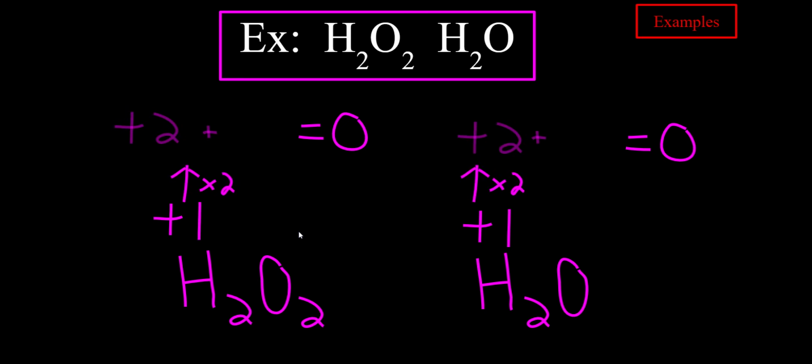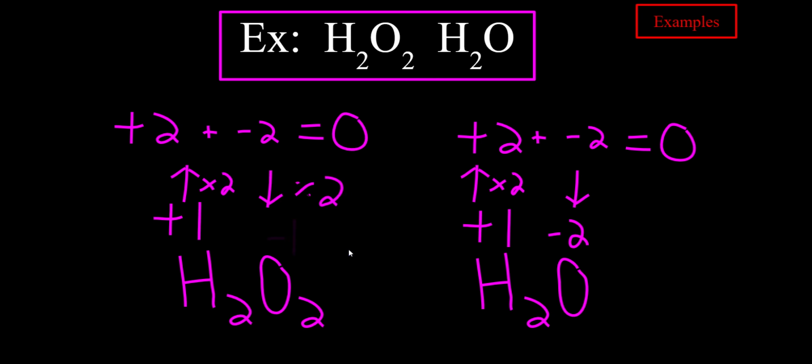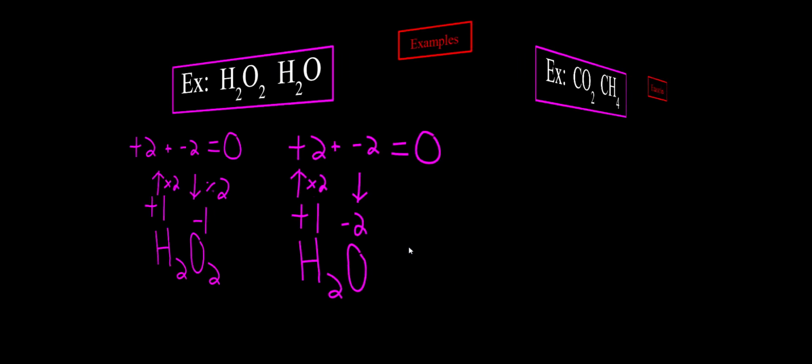So there's 2 in each, so that gives you +2 each. In each case, it's going to be -2. But within the peroxide and not with water, there are 2. So in water, the oxidation state is -2, but with peroxide, since there are 2 of them, that gets divided by 2, and my oxidation state is -1, as shown there.